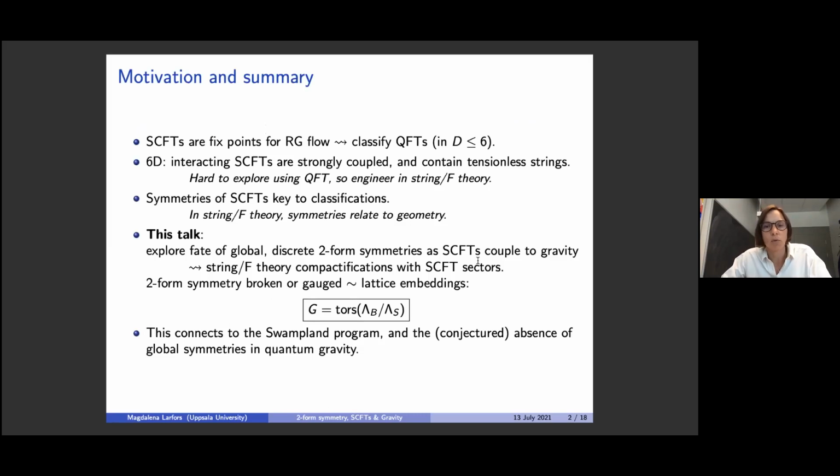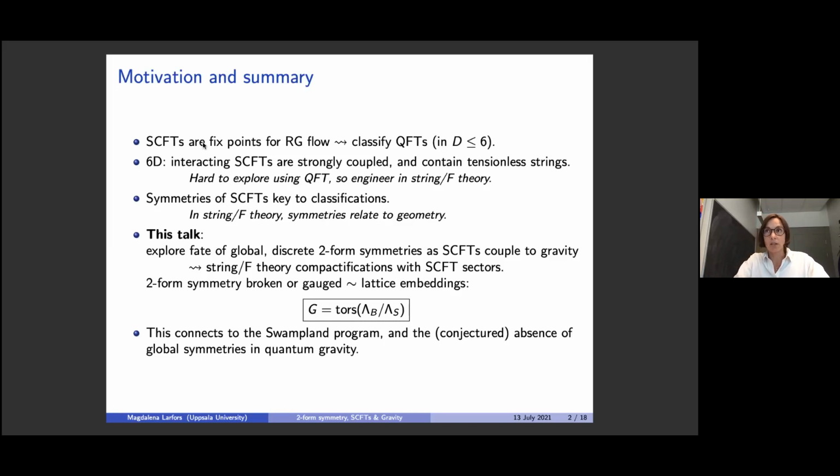SCFTs, so superconformal field theories, are interesting if you study quantum field theories, because these are fixed points for RG flows. So this has led to a lot of studies where SCFTs have been explored and classified in order to understand better what kind of quantum field theories there are. And this works in dimensions lower than 6, because superconformal field theories can only exist up to 6 dimensions.